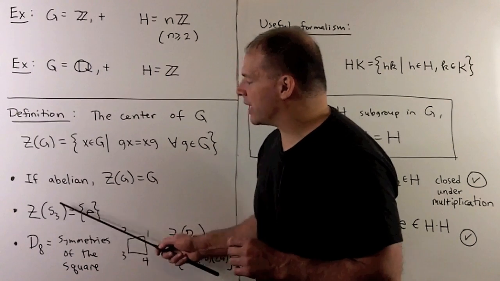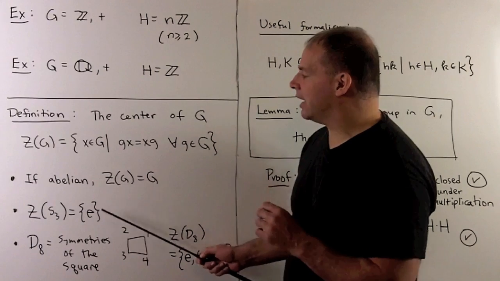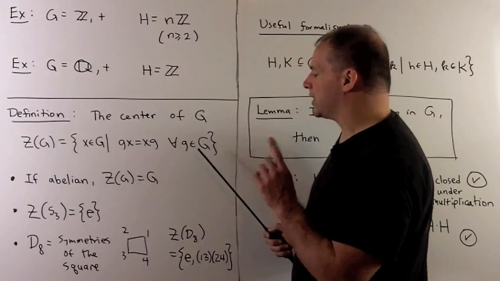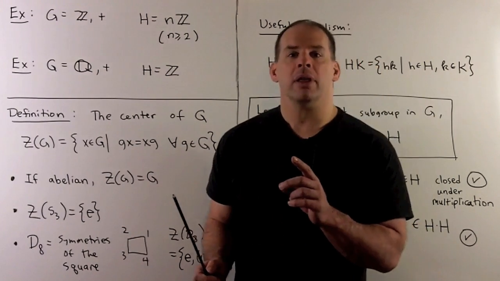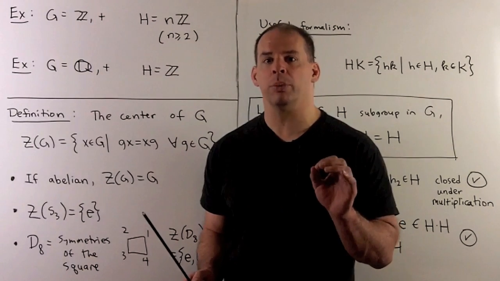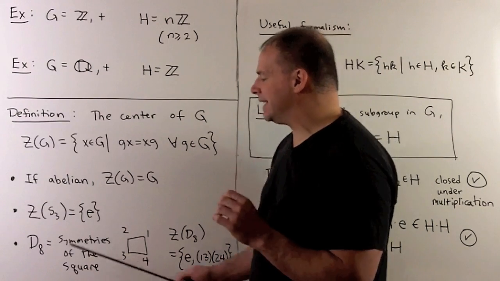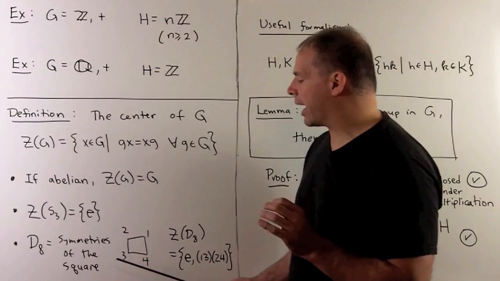In the special case of S3, the center is going to be the identity element. And we note the identity element is always going to be in the center. So that's going to help us satisfy the non-empty property for having a subgroup. And for a non-trivial example, we can consider D8, the symmetry group of the square.